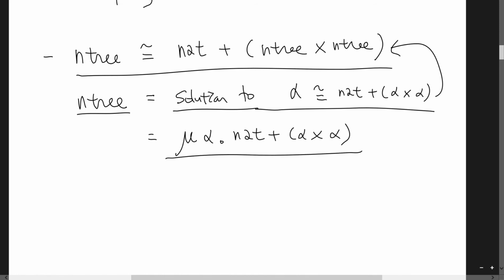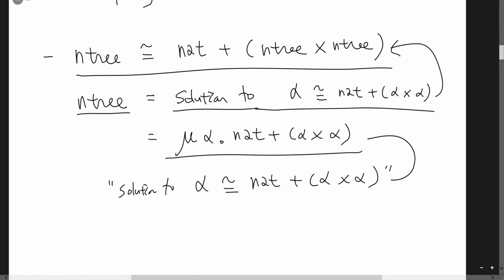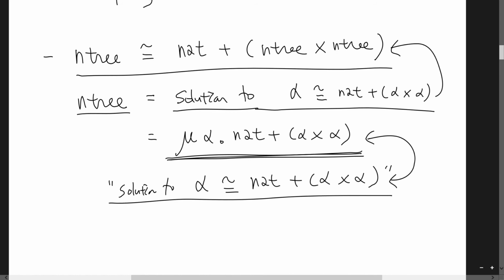This new syntax looks a bit complicated, and it actually looks scary, but it's nothing but the solution to this equation, alpha equal to net plus alpha times alpha. Instead of saying solution to this equation, we'd like to take a shorthand just for brevity, so this syntax can always be expanded to the solution to this equation.